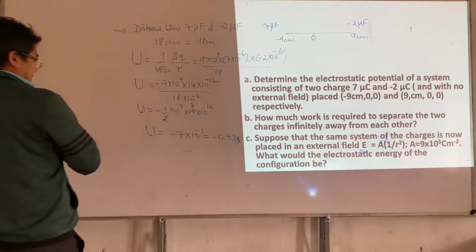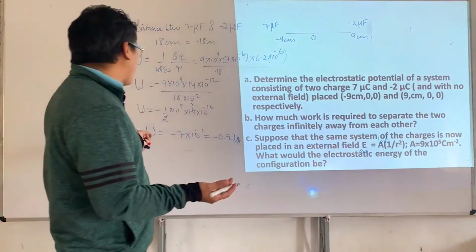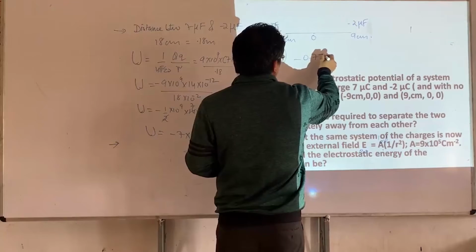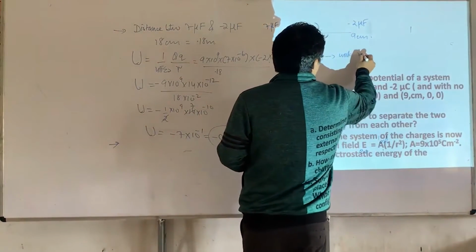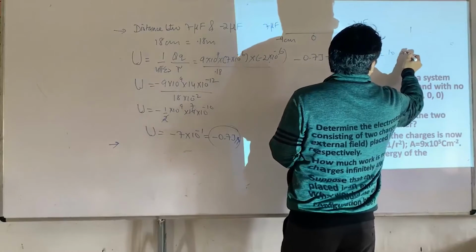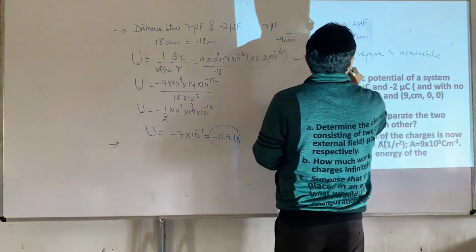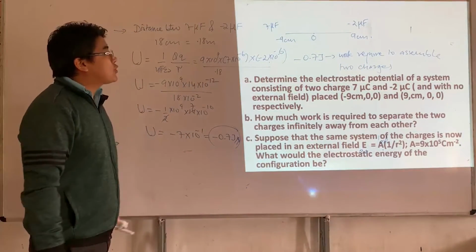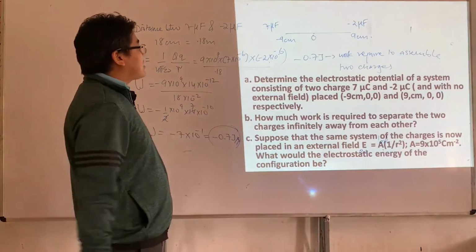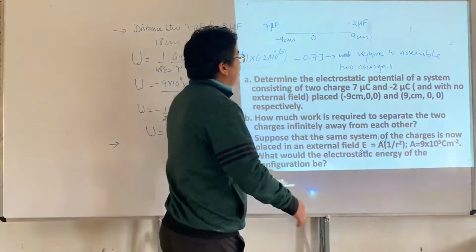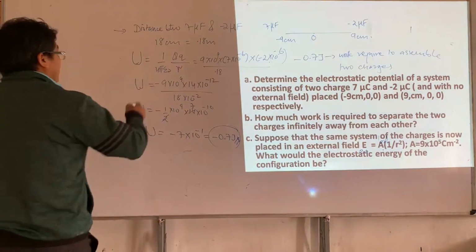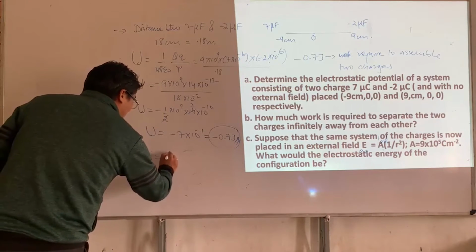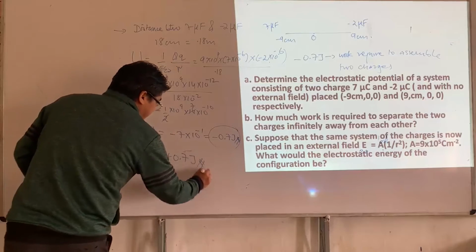The work required to assemble this system of charges is minus 0.7 joule. And how much work is required to separate? The second answer is obviously going to be plus 0.7 joule.